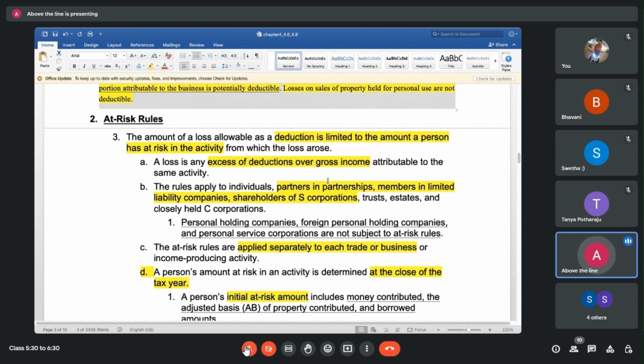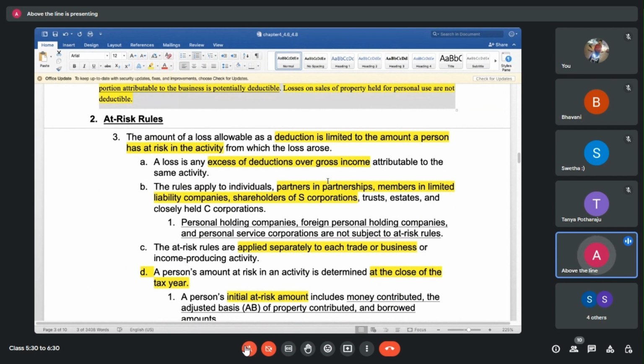We'll have to tell them that we don't know. We'll have to first look into the K1 and see what your limitations are if there is going to be any loss. Quite possible that the entire 50,000 loss may not get offset against other income, or maybe only 10,000 you can offset and you can reduce your other income to 90,000.